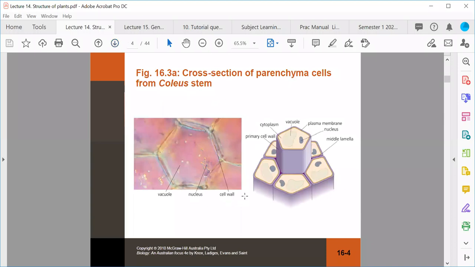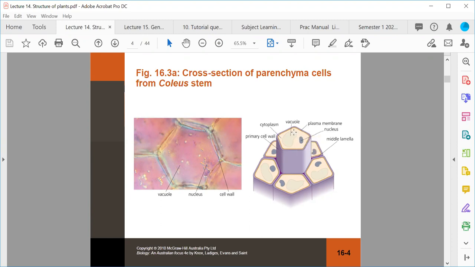All right, let's take a look at a few parts of a plant cell. We've got a few cells around here, and this one in the center has been lifted up above the plane of the other cells. To the outside of the cell, in purple, is what's called the primary cell wall. I'll come back to that in just a minute. Just to the inside of that, this thin brown region is the plasma membrane.